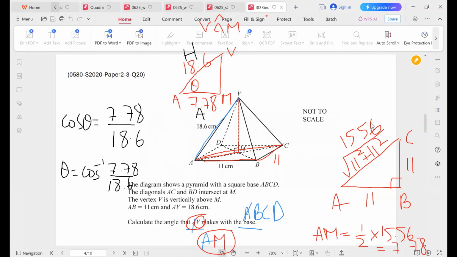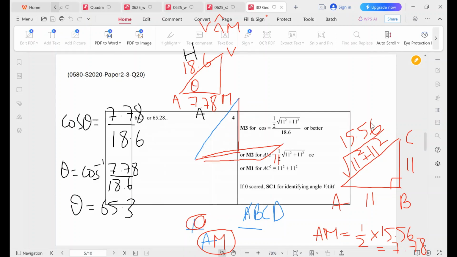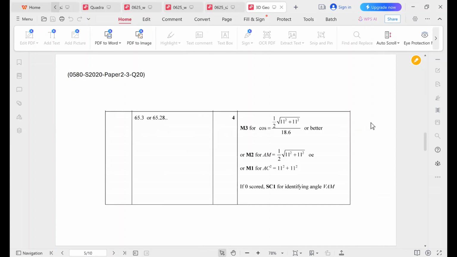And theta is equal to 65.3. Let's check the answer. Thankfully, 65.3 is the correct answer here.